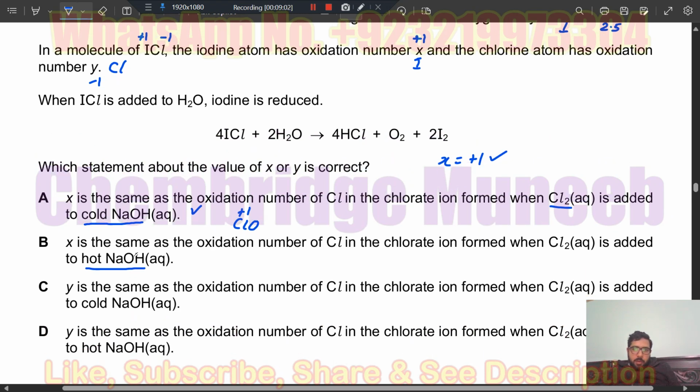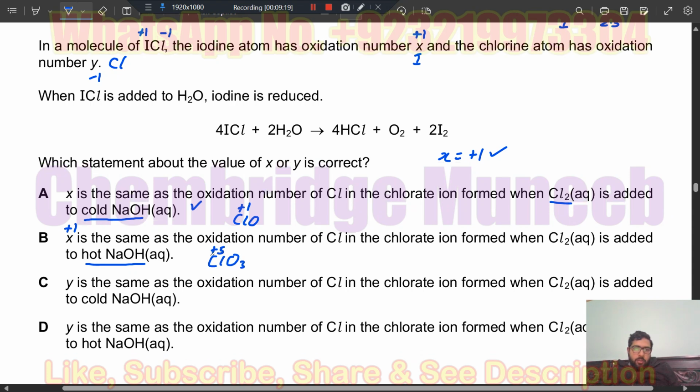But if we check the other statement, X is the same as chlorine in hot NaOH, which means ClO3, but there chlorine is +5. So +1 and +5 are not the same.